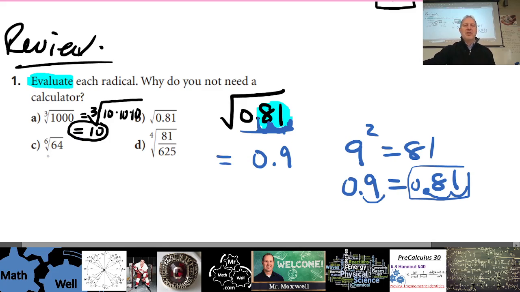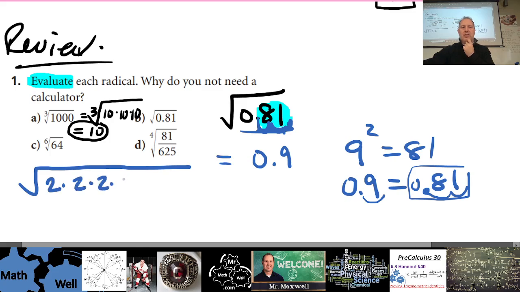All right, the 6th root of 64. Oh my, the 6th root of 64. So this is like 64 to the 1/6, right? Or I'm looking for a number that when multiplied by itself 6 times gives me 64. Is that even possible? What's the smallest number you think might work? Okay, let's try 2.